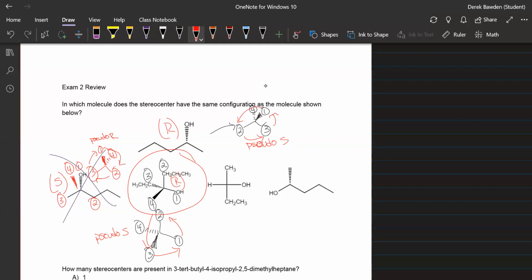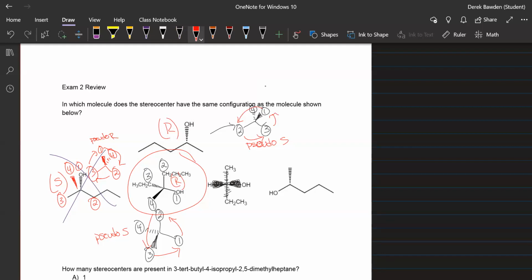Okay, let's move on to our next one. The way I like to think of Fisher projections, which is how this molecule is drawn, is I like to think of our wedges like a bow tie. Okay, so when you're looking at these, the ones that are horizontal are wedges, and it looks like a bow tie. That's how you remember it. And then the ones going up and down are dashes.